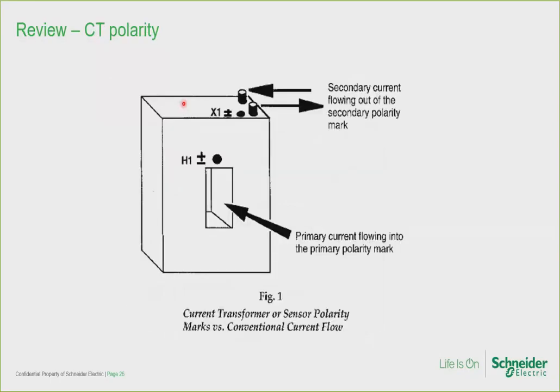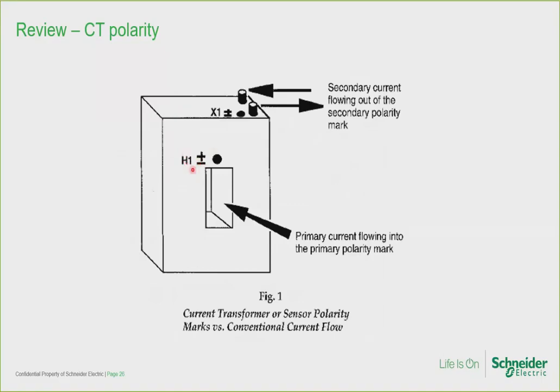In order to analyze the MDGF circuit, we need to review some fundamentals, starting with CT polarity. On a current transformer, there will be a polarity mark on one side of the CT, and one of the secondary terminals will also have a polarity mark. So here's an example, 3 different types of symbols you might see.